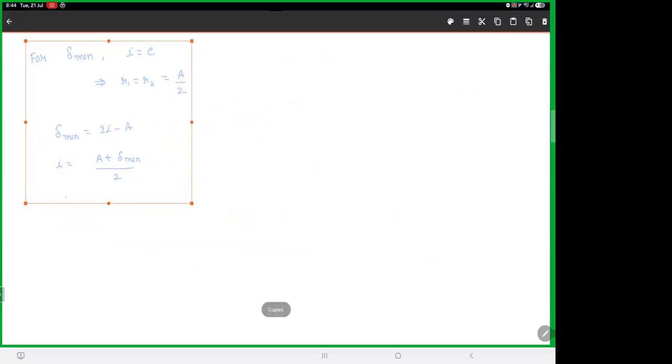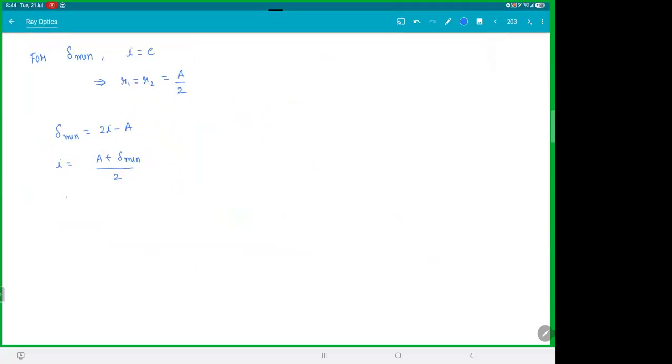I think this is a 4-mark question in boards. Mu m sin I is equal to mu prism sin R1. So sin I is sin of A plus delta m by 2. You know the value of A. You know delta minimum from the graph. This is mu prism, and R1 is nothing but sin A by 2.